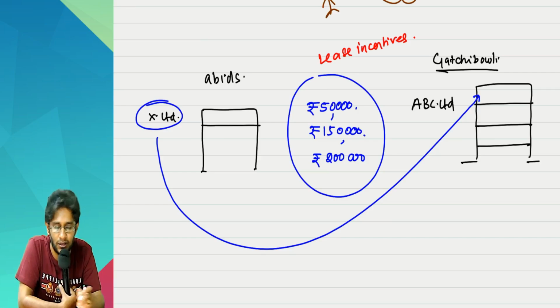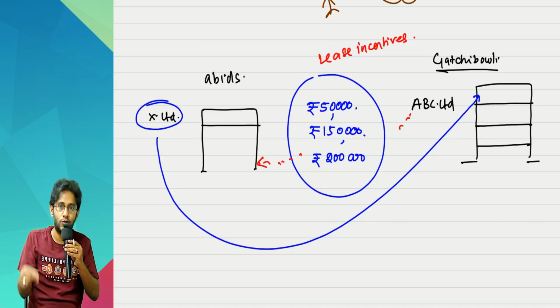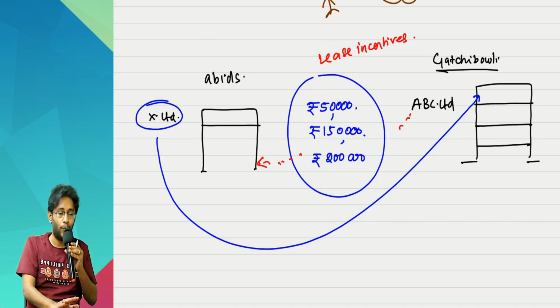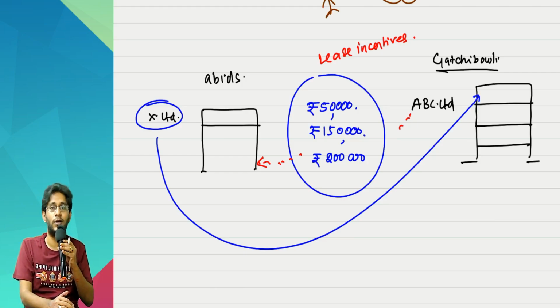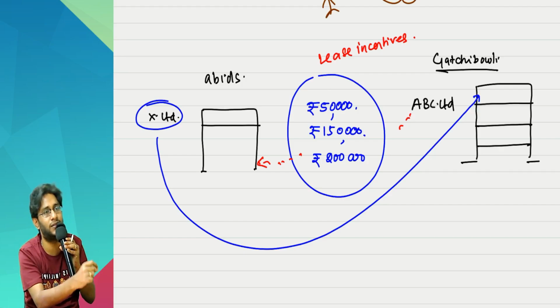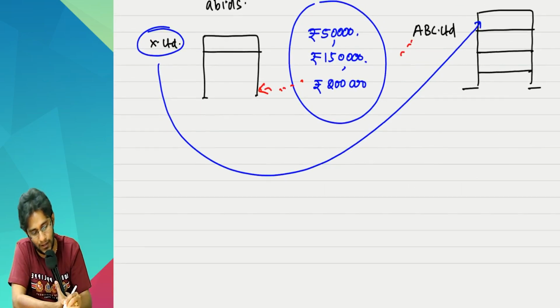Actually, for giving the asset on lease, X Limited should pay money to ABC Limited every year or every month. But sometimes the lessor also agrees to pay money to the lessee in the form of lease incentives. So what you should do is, year 1, 2, 3, 4.